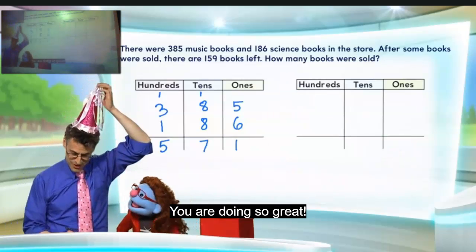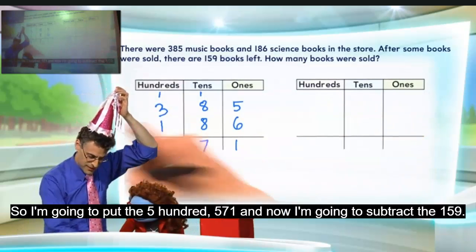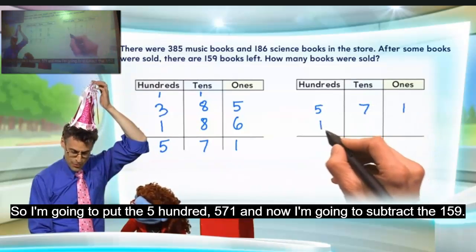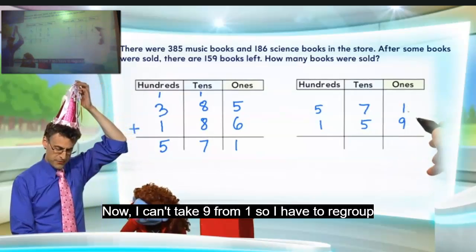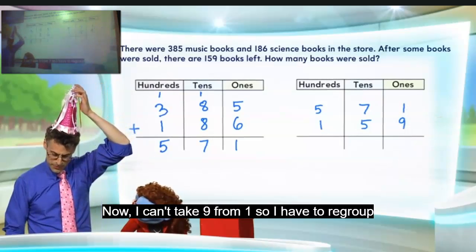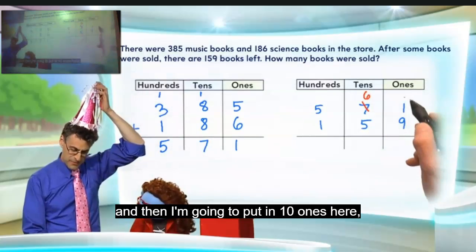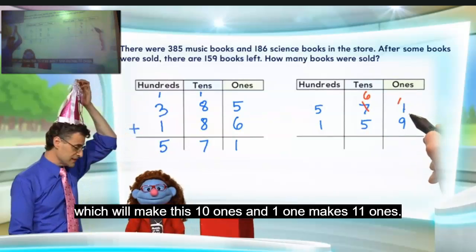You're doing so great. All right, here we go. I'm so nervous. So I'm going to put the 571, and now I'm going to subtract the 159. Right? I can't take 9 from 1, so I have to regroup, and I'm going to make this 7 tens actually 6 tens, and then I'm going to put in 10 ones here, which will make this 10 ones, and 1 one makes 11 ones.